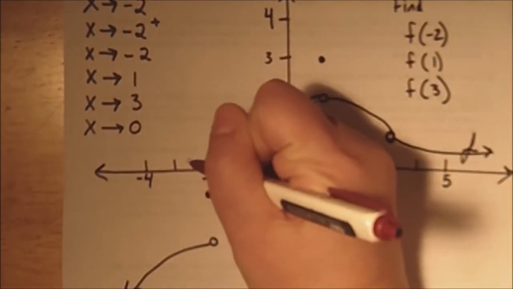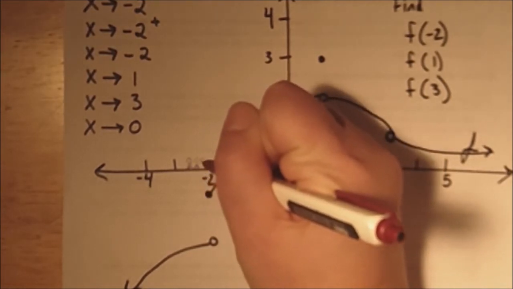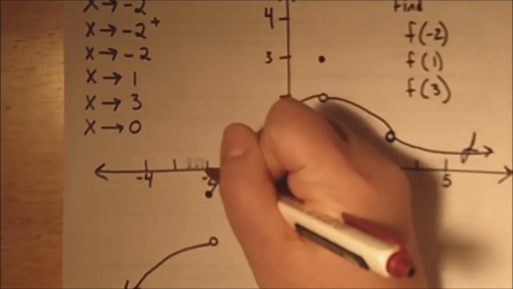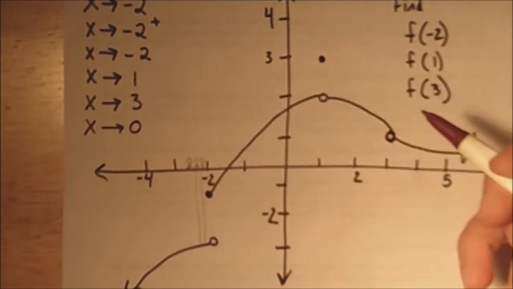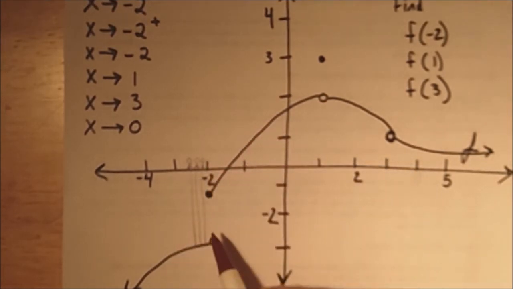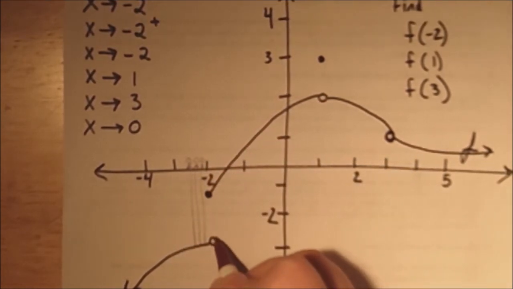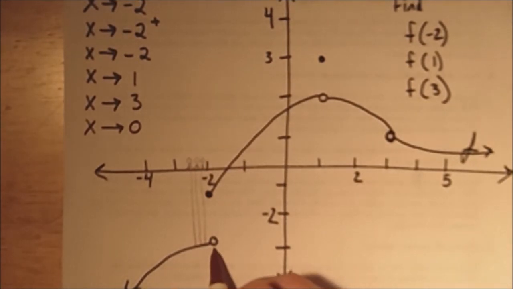And if I were walking along here, approaching negative 2 from the left-hand direction, and I'm looking down at these functional values down here. It doesn't matter that I have an open circle here when I get to negative 2.